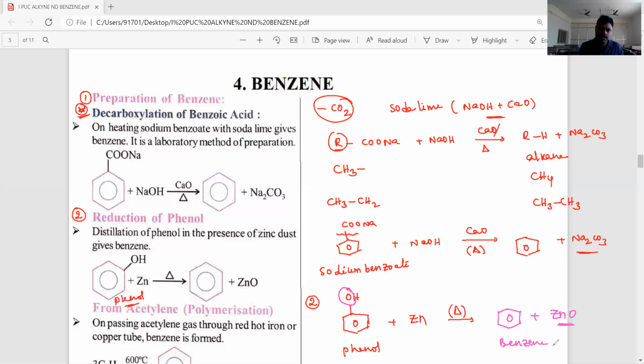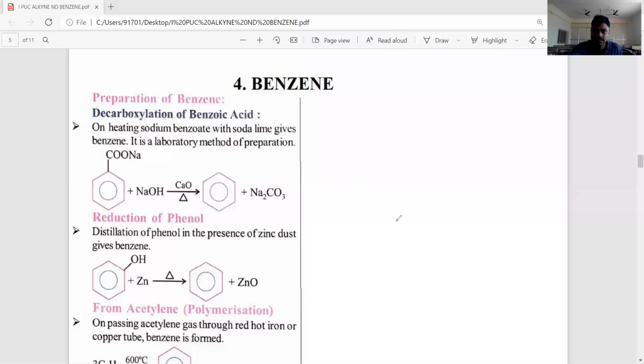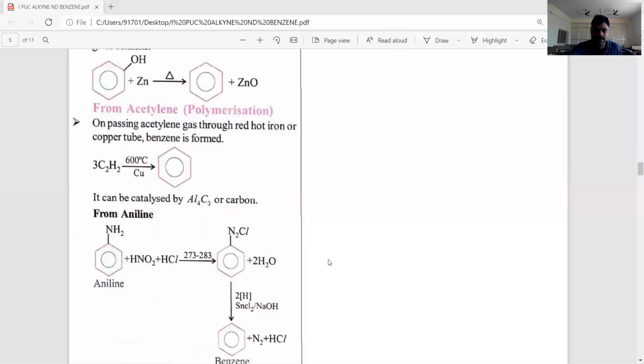This is the second method. Next, one more important preparation method, from acetylene. Take three molecules of acetylene, CH triple bond CH.